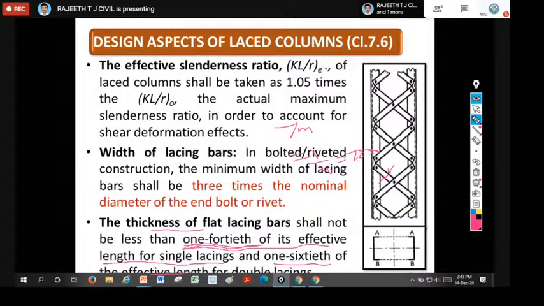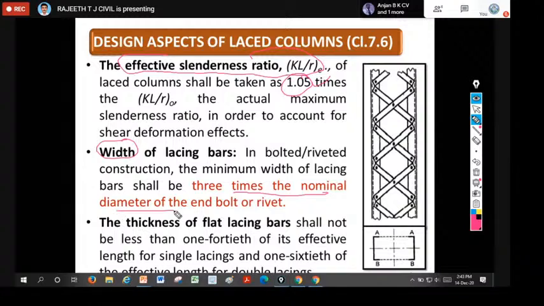So in this slide, we have discussed, with respect to laced columns, the effective slenderness ratio according to the code, 1.05 times the actual value, the width of the lacing bar, 3 times the diameter of the bolt, and the thickness of the lacing bar. For a single lacing system, single lacing means we provide lacing only on one side.